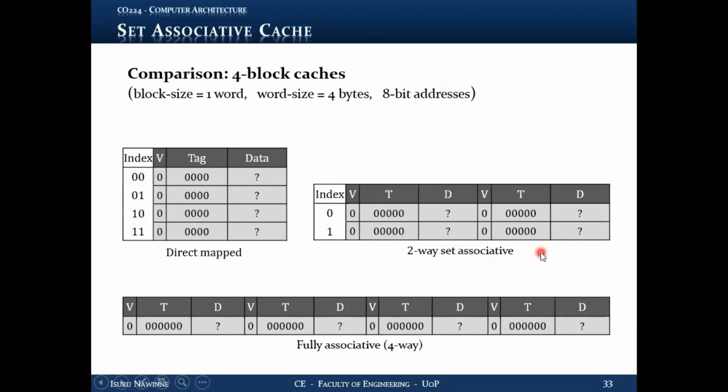In the two-way set associative implementation, offset is the same 2 bits, index is 1, so tag size is higher now. Tag is 5 bits. In the fully associative implementation, tag is 6 bits with no bits for the index, right? Offset is still the same 2 bits.